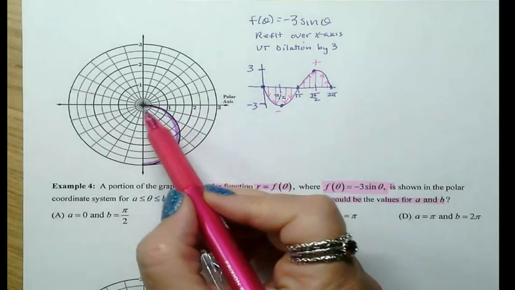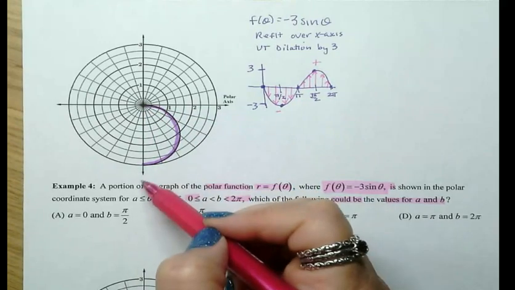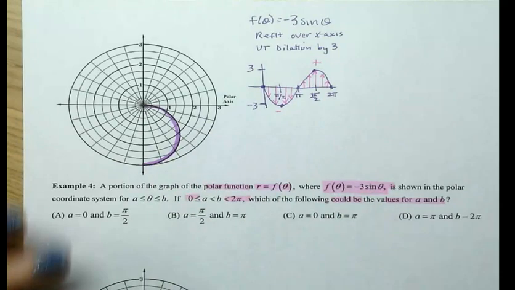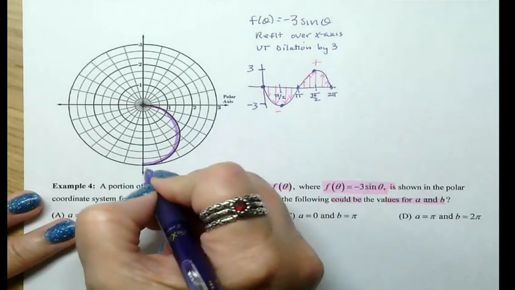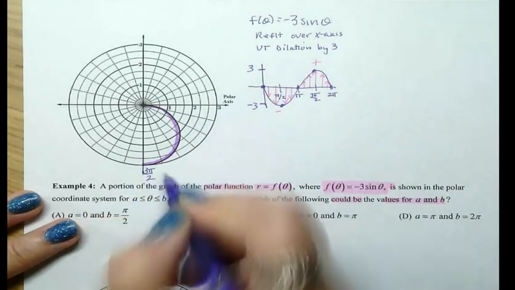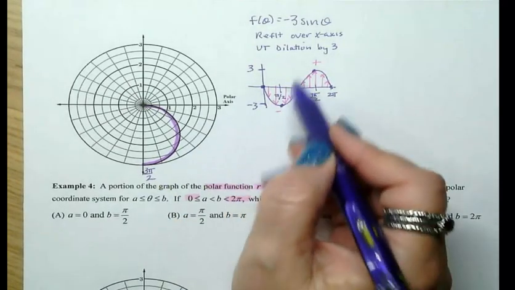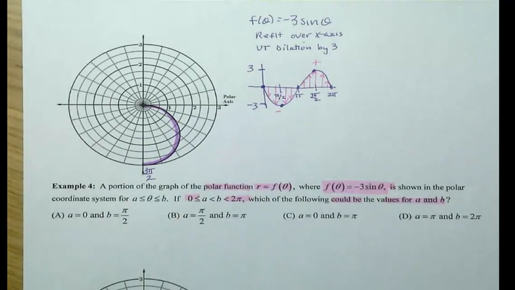So as I look over here, I can tell at 0, I should be at the pole. And then at 3 pi over 2, I'm going to probably be down here at, what is this, ring 3? So just like we did before. Now I'm trying to figure out what part of this graph would match up with this part of my polar graph.